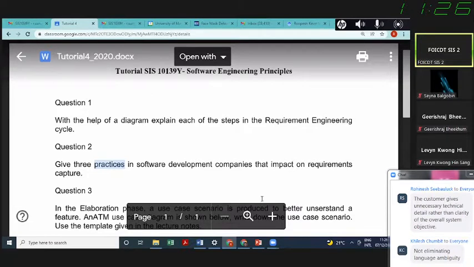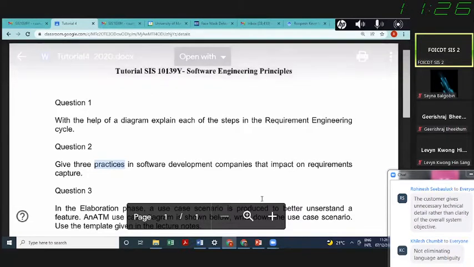But here, I think the focus, when you're answering such a question, is: what are practices in the software development industry that can hinder the correct capture of requirements? So by practice, we would think about what is being done in the software development industry that's going to impact requirements capture.